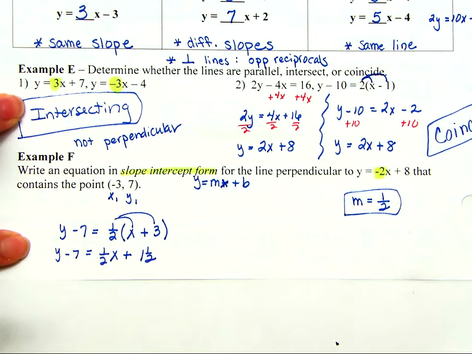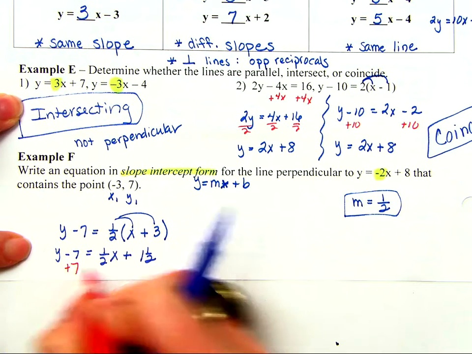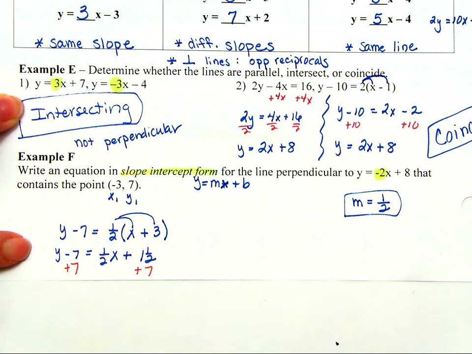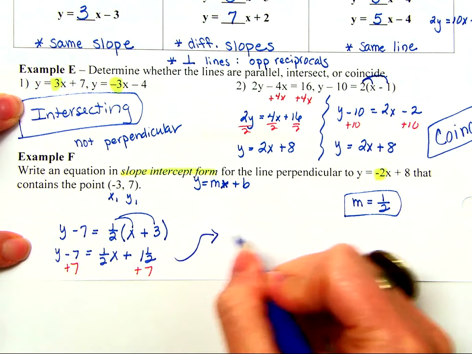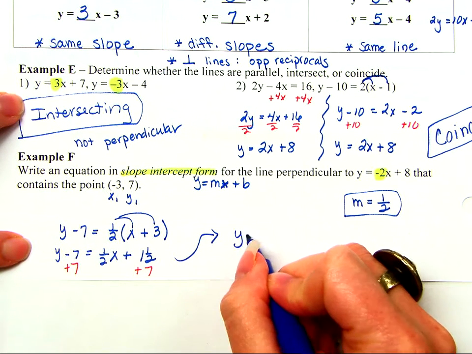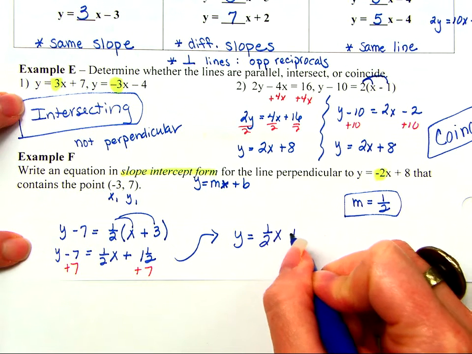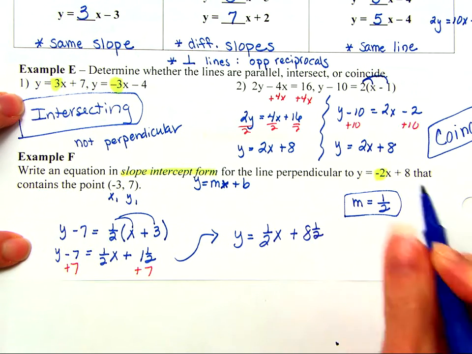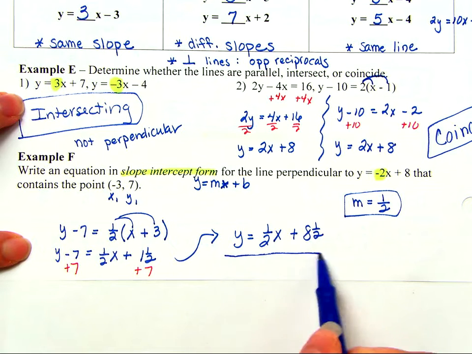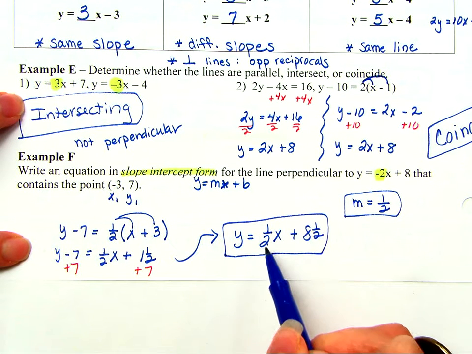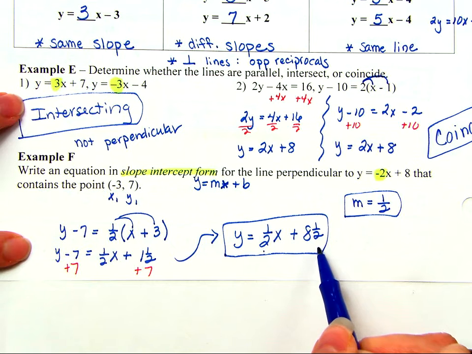I'll go ahead and add my 7, and we are going to find that in slope-intercept form, we have y equals 1/2 x plus 17/2. This tells me up 1/2, crossing the y-axis at 0.